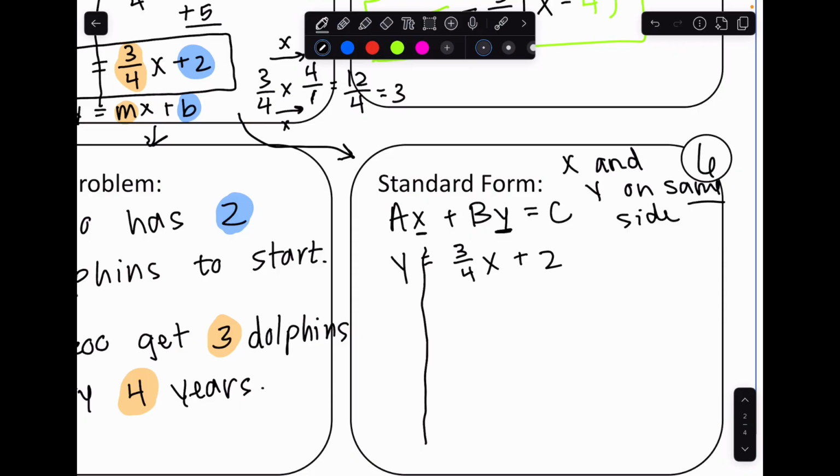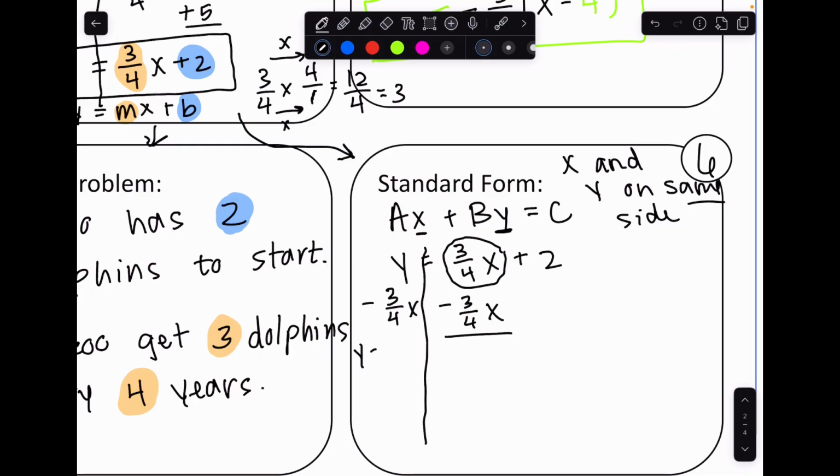Now if I want to move this whole term, I'm going to subtract the entire term. So minus 3/4 x. What I do to one side, I have to do to the other. So now on this side, since they're not like terms, I can't put them together.